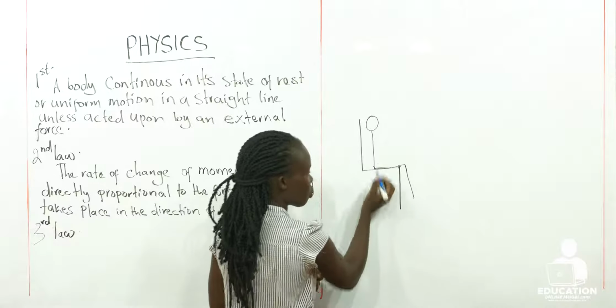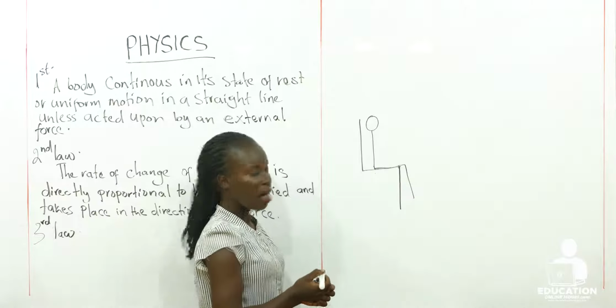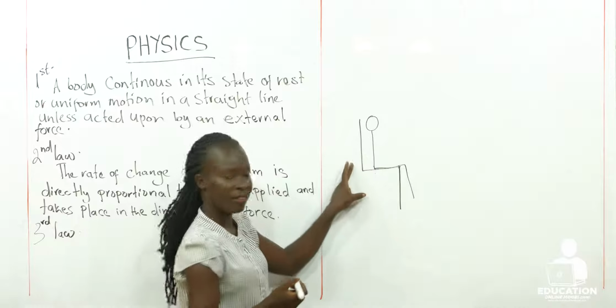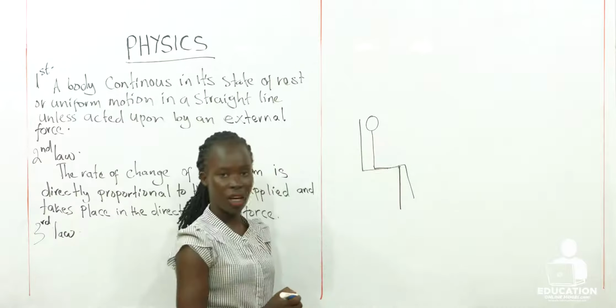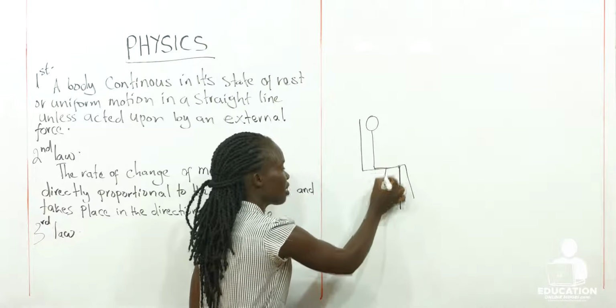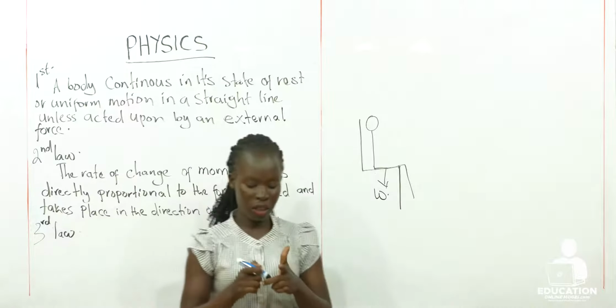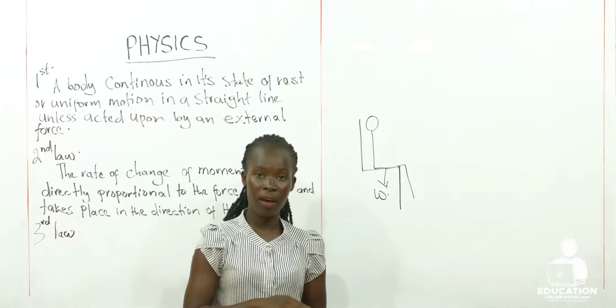There is direct contact between you and the chair. There is a force you're exerting on this chair. What is this force? The force you're exerting is the weight, because the moment you sit on it, your whole weight is put on the chair.